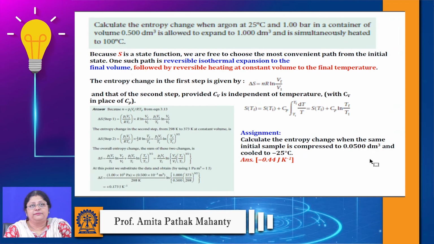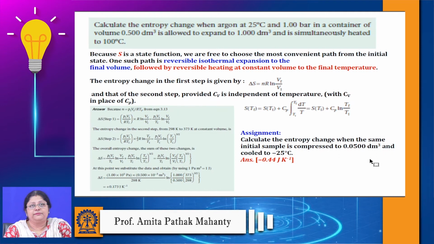Let us say the expansion is carried out at constant temperature. So the first step I can compute is the reversible isothermal expansion, followed by a reversible heating at constant volume. I can do that. I have to go to the final temperature of 100 degrees centigrade.